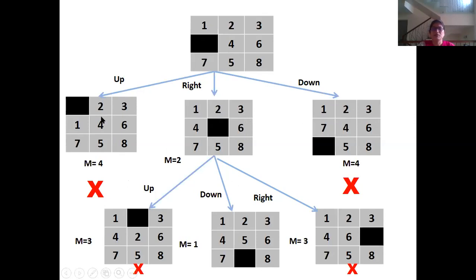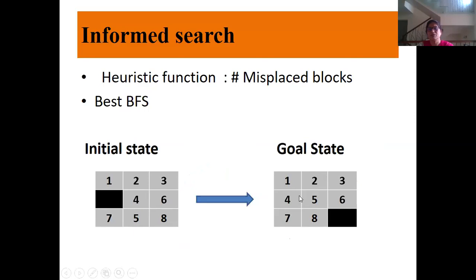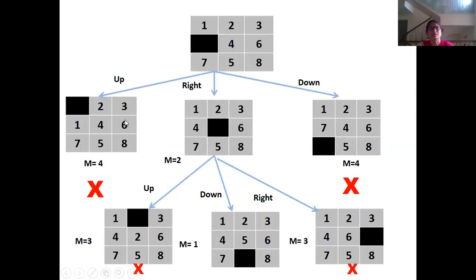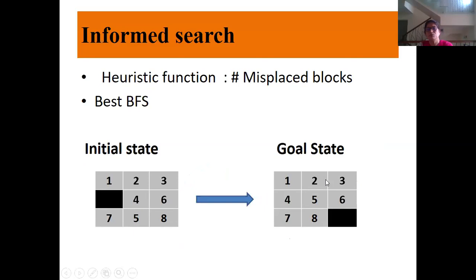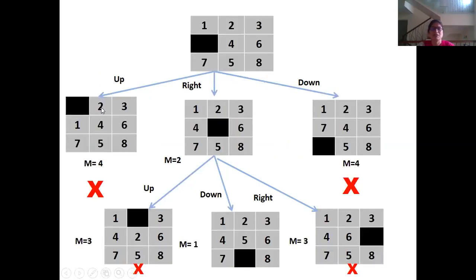As soon as you make a movement, you get a new state and you compare it with the goal state. This is your goal state. You compare it with your goal state and you count the number of blocks which are misplaced. Now if you look at it, 2 is at its position. 3 is at its position. Go back to your goal state and check it. 2 should be at this position, 3 should be at this position. So 2 is at its right position, 3 is also at its right position, but 1 should be here, but it is here.